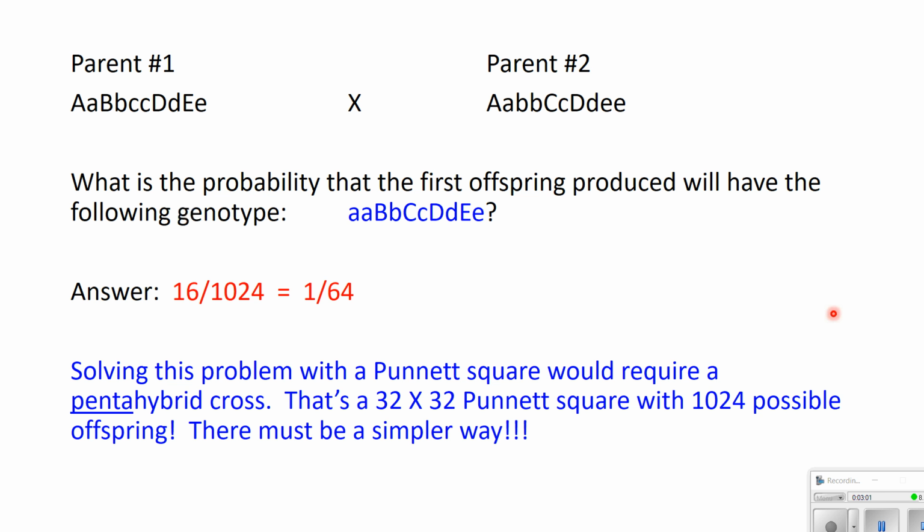Nobody would really want to have to do that, and there's got to be a much more efficient way to come up with this answer, and there certainly is, and it's easy to do if you understand the basic rules of probability and how they apply to genetics. That's what we're going to learn today.